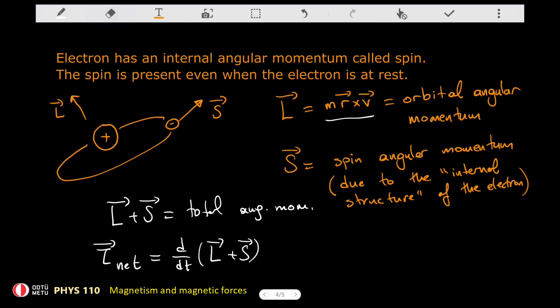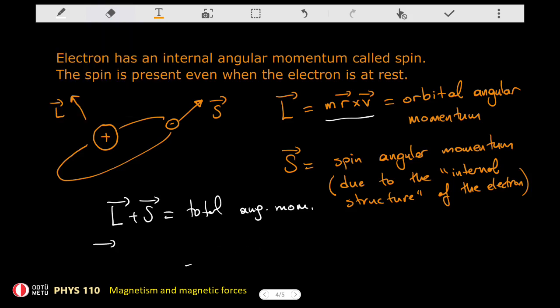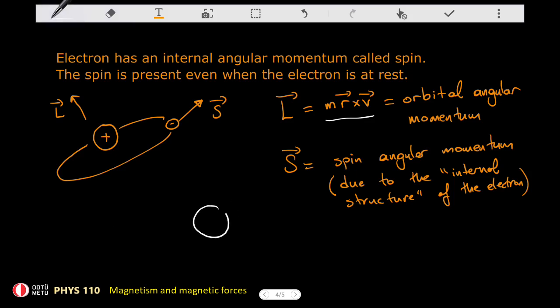But the physical origin of the spin is hard to explain. People usually use this model. Let me erase this. This model where the electron is imagined as a sphere, like the Earth, for example. So this sphere has this translational motion around the atom, just like the Earth has this rotational motion around the Sun. But in addition to that, the Earth also rotates around itself.